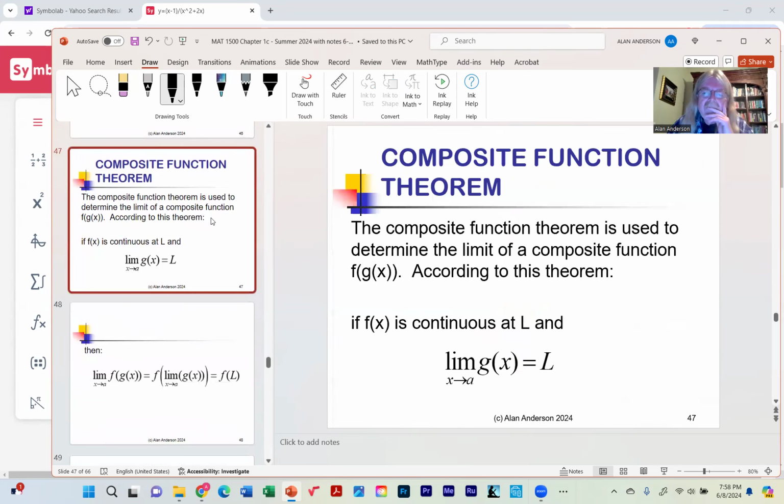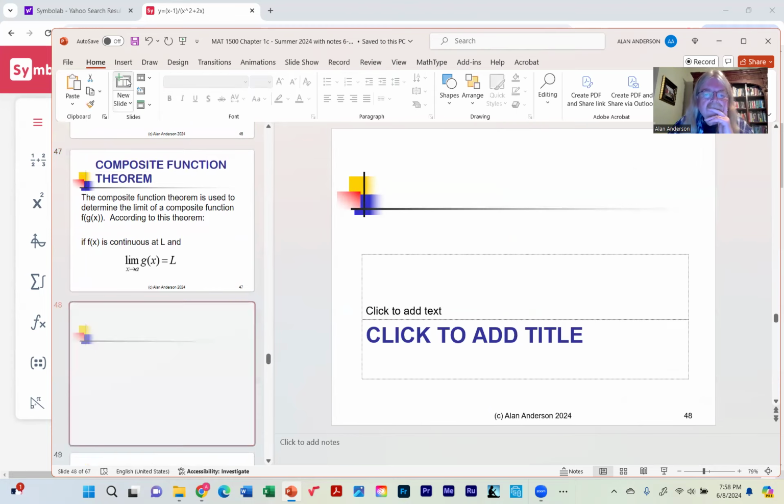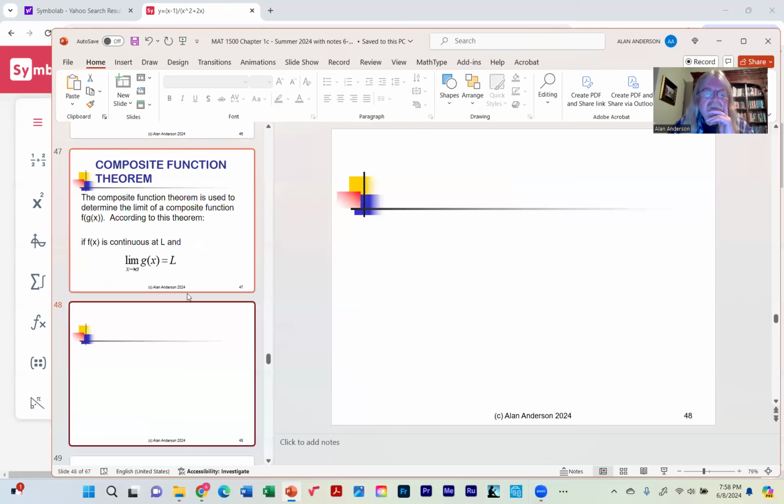All right, now here is a discussion about composite functions. I just want to quickly remind you what that means. Let's say, for example, you have two functions.